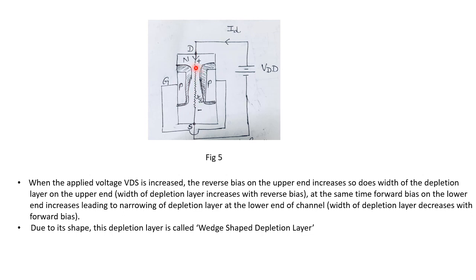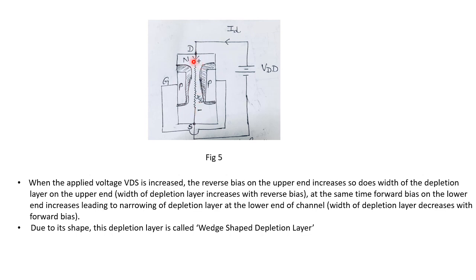Hence the potential drop will be produced along the resistor RD, of which the upper end is at higher potential and the lower end is at a negative potential. Since this is an n-type semiconductor, this end of the n-type semiconductor has a higher potential, and this end is at a negative potential.